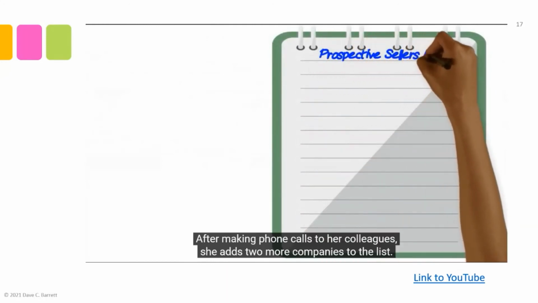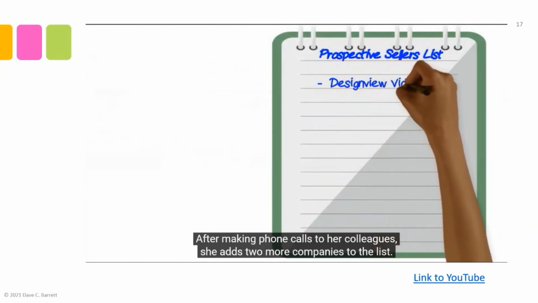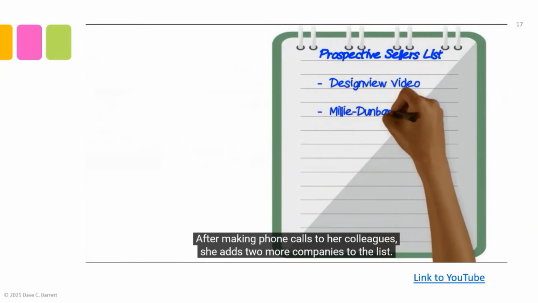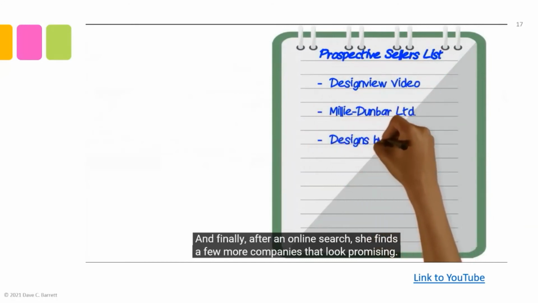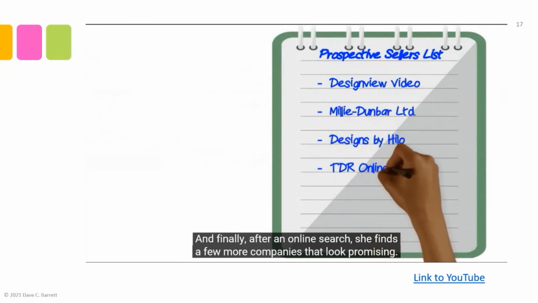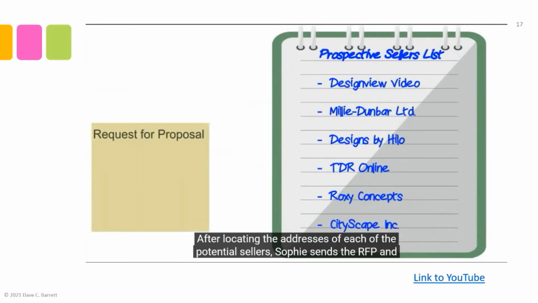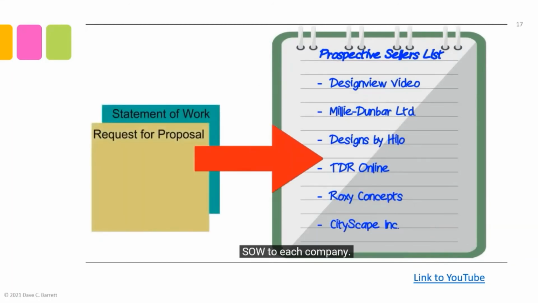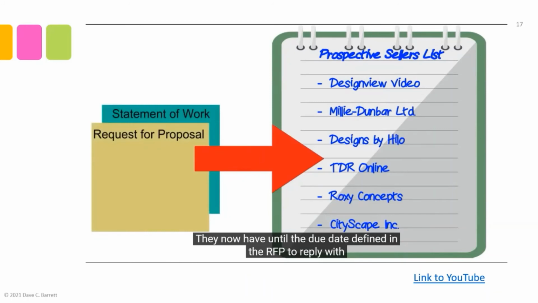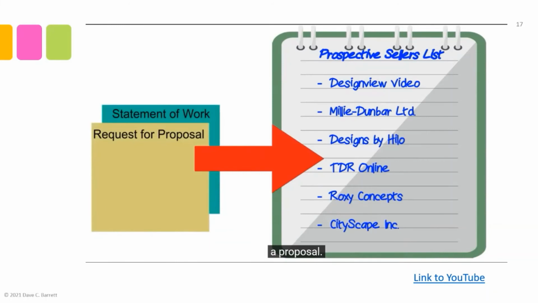After making phone calls to her colleagues, she adds 2 more companies to the list. And finally, after an online search, she finds a few more companies that look promising. After locating the addresses of each of the potential sellers, Sophie sends the RFP and statement of work to each company. They now have until the due date defined in the RFP to reply with a proposal.